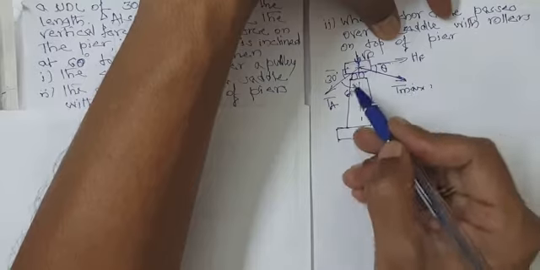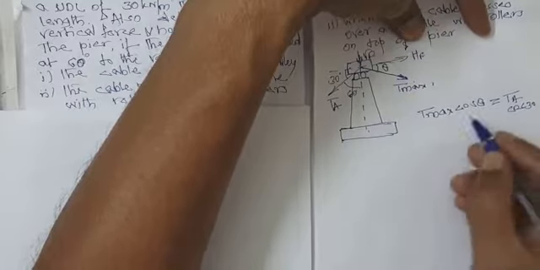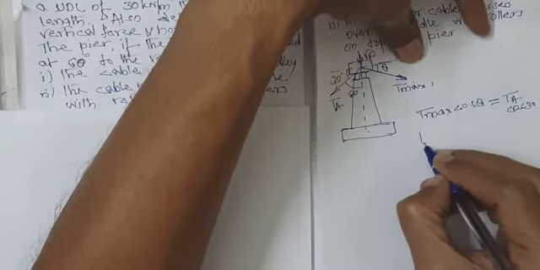Otherwise what happens, if T maximum cos theta is more than TA cos 30, this will move. So that will not be in equilibrium. So for equilibrium, what is the condition? T maximum cos theta must be equal to TA cos 30. What is T maximum cos theta? That is nothing but the horizontal component of the reaction, which I have told.